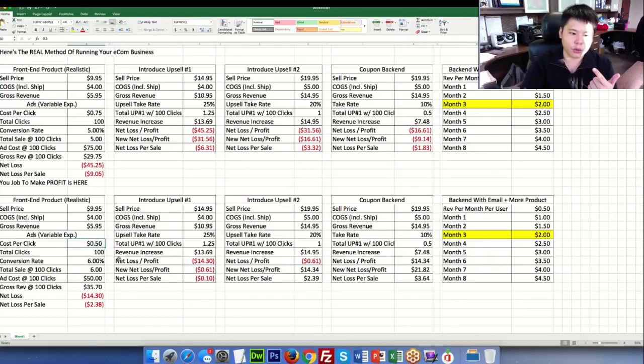And also, number 2 is that you increase the conversion by just 1%, which is very, very minimal. You can see that originally, right here, you were losing $9. Now you're losing only $2.